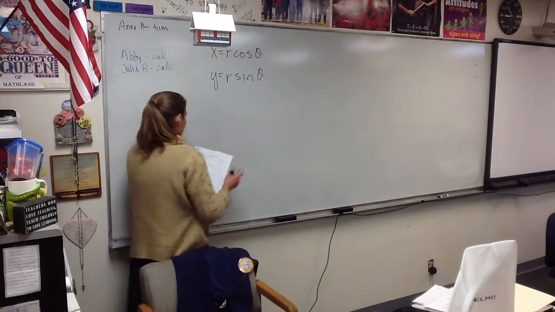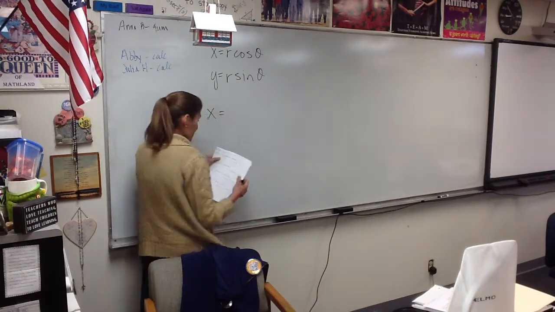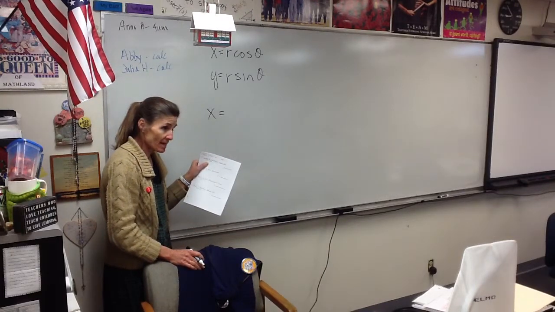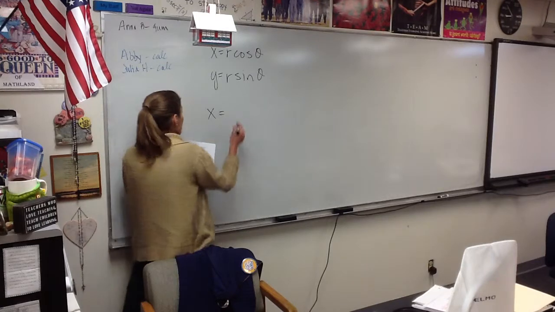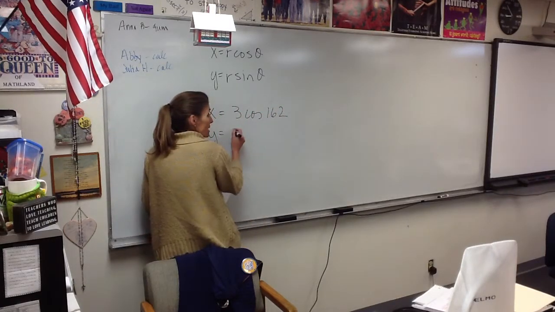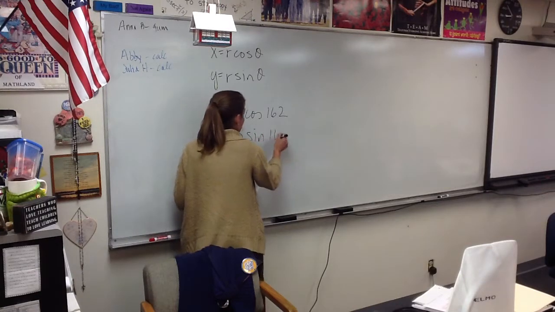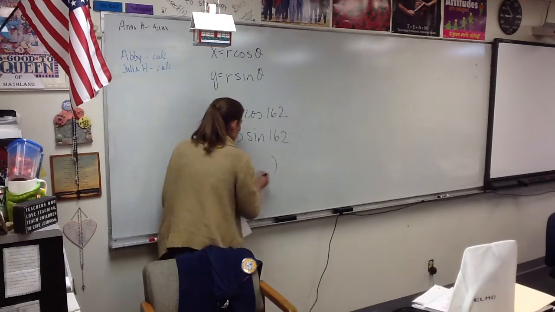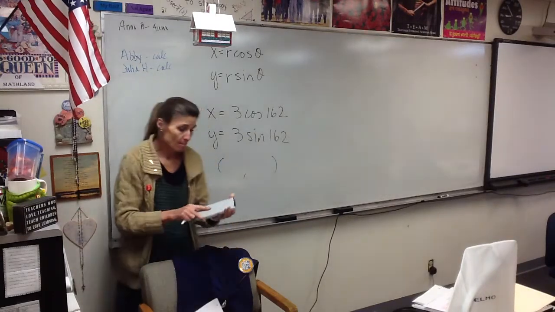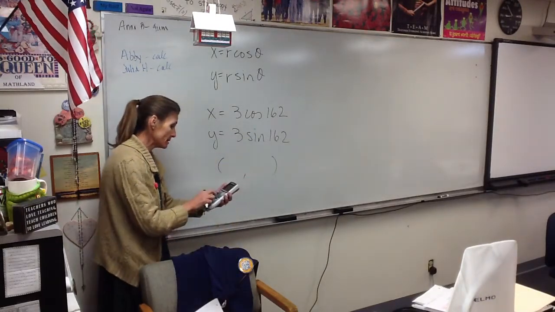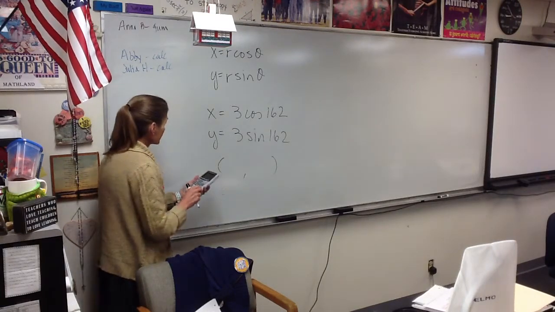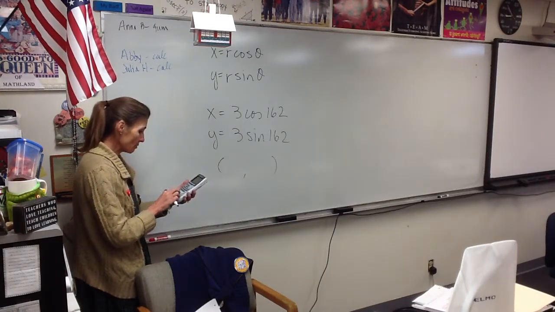So, for this problem, what is my R? 3. What is my theta? So X equals 3 cosine 162, Y equals 3 sine 162. I simply take out my trusty calculator, make sure it's set in degrees, and type 3 cosine 162.